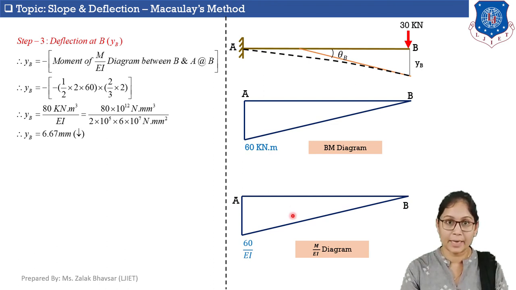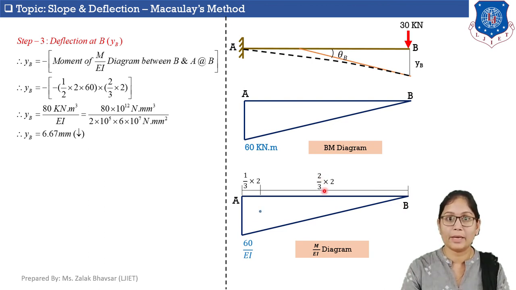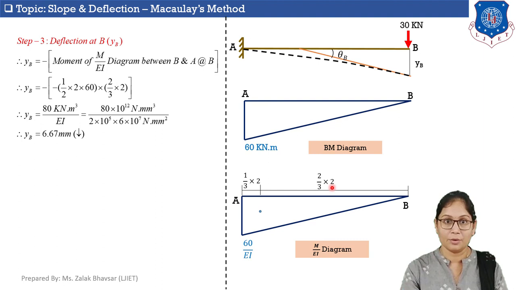The area of the triangle is 1/2 BH, which is equal to 1/2 into 2 into 60 upon EI. And the distance of the CG of this triangle from point B will be 2 by 3 into 2. Already discussed this.